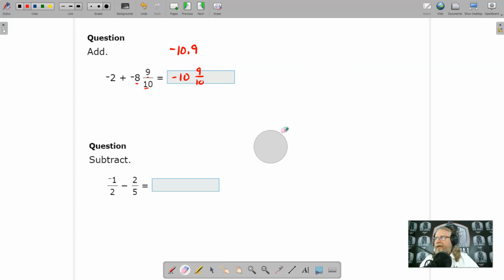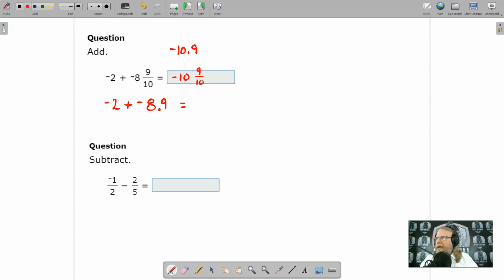Let's see if we come up with the same answer doing it another way that I think would actually be a little bit easier. This is negative 2, right? And we're adding to it a negative 8 and 9 tenths. Look at this, 8.9. That's 8 and 9 tenths, right? Negative 8 and 9 tenths. That's what I have here, only I've made it into a decimal instead.